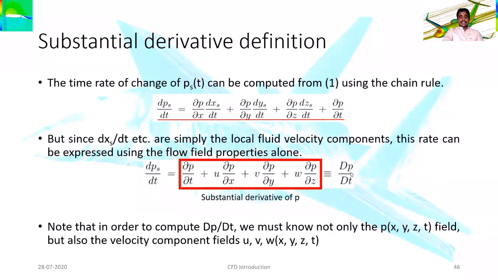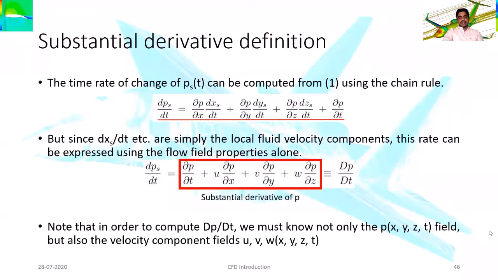We must know that here p is varying with the spatial coordinates x, y, z and t in the field variables, but the velocity components can also be addressed with u, v, w, the x, y, z direction velocity variation.